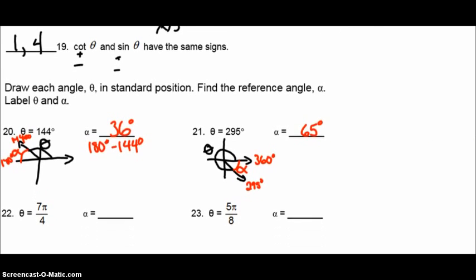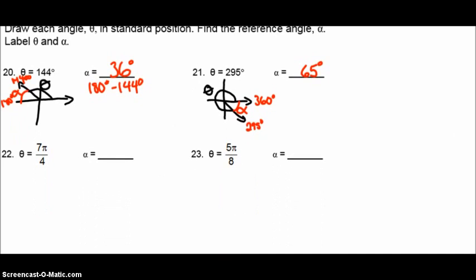Yeah, let's try another one. Okay, we have radian measures, so we're going to go with our radians in the quadrants. Start again at 0, come around. That's pi over 2. Not there yet. We're at pi. Still not there yet.